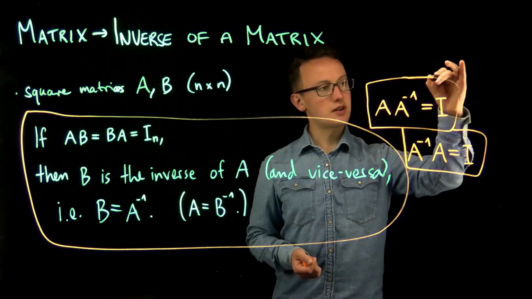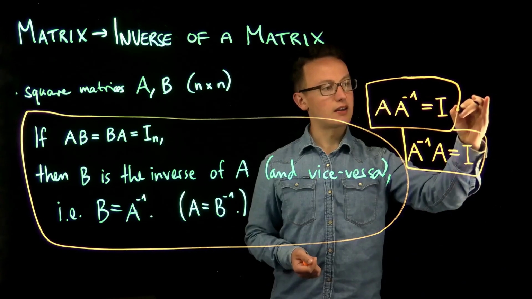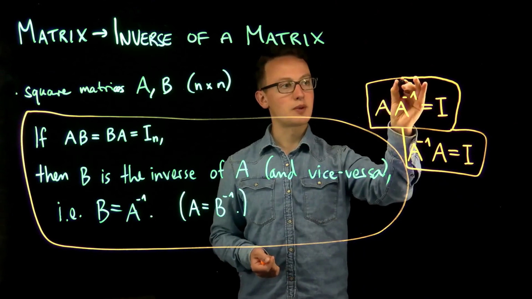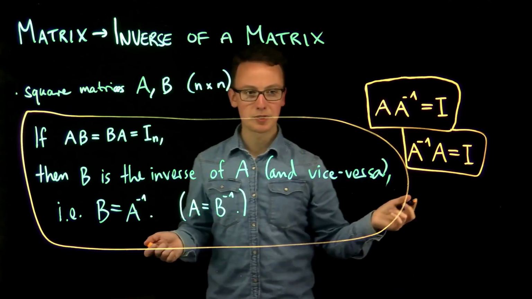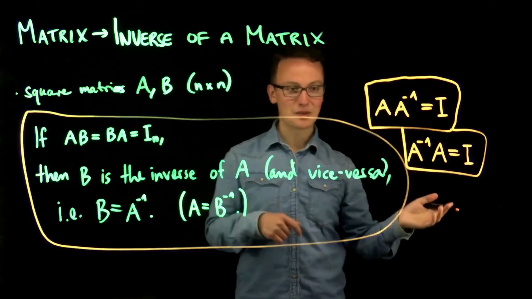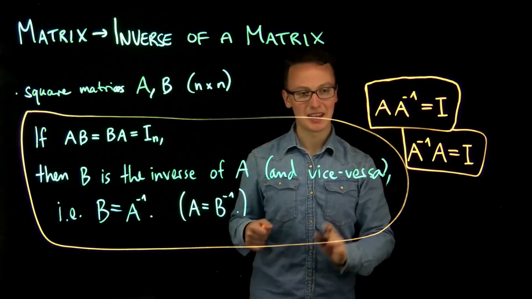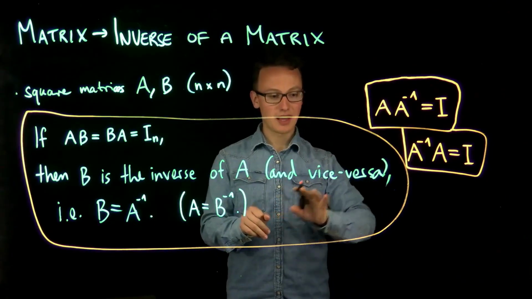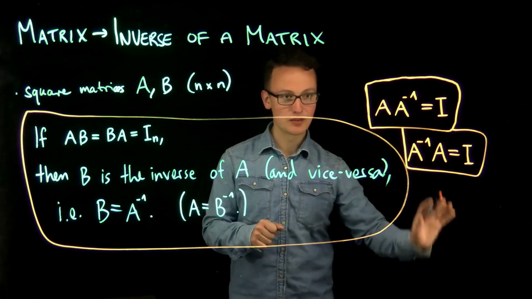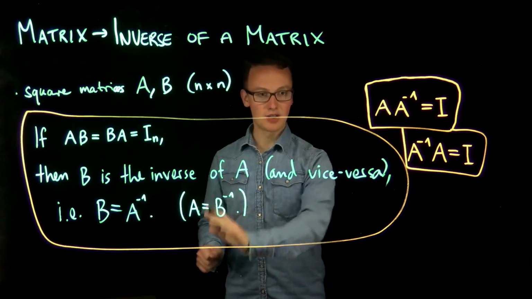Now the interesting question is, of course, how can we find an inverse for a square matrix that is given? And is this always possible? The answer to the second question is that it's not always possible. In fact, we can distinguish square matrices into a class of matrices which are invertible and others which are not.